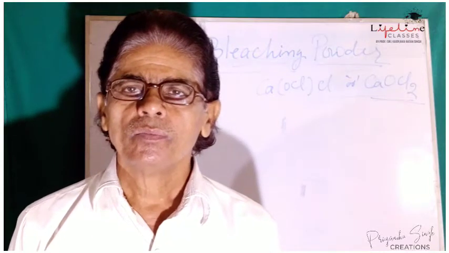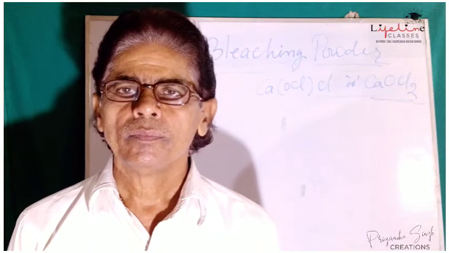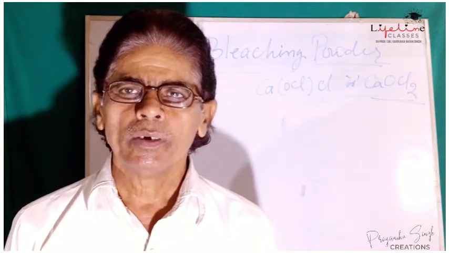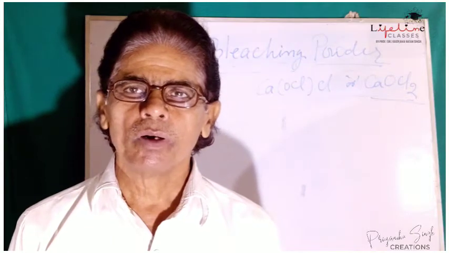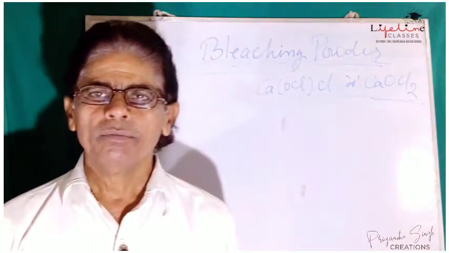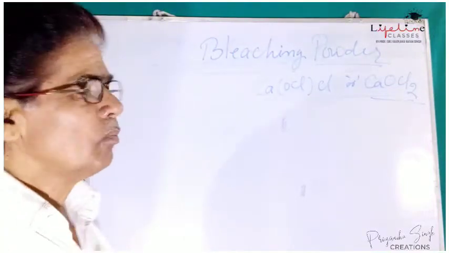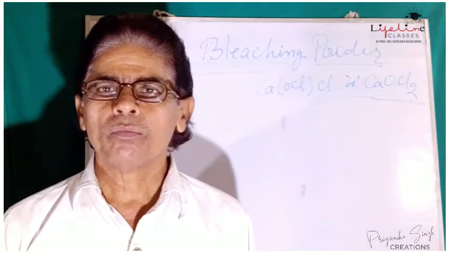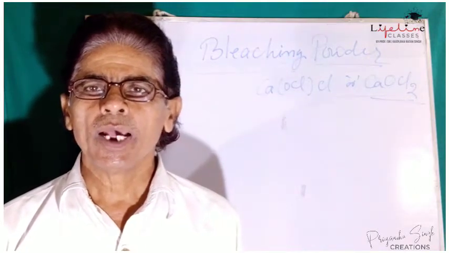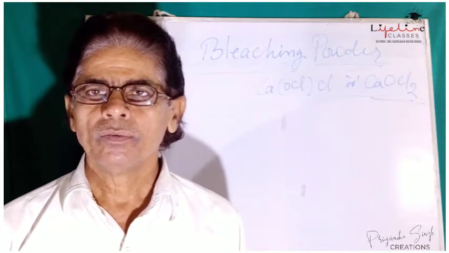Today I am going to deal with another important compound used in our day-to-day life. This is bleaching powder. It is a very common chemical compound which is used as a disinfectant.